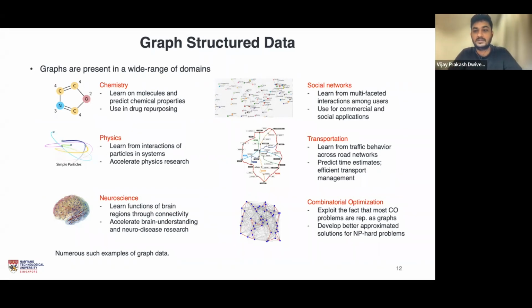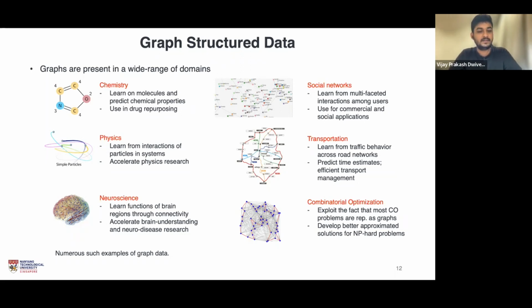Ultimately, it can be used to repurpose or redesign drugs and other applications also in the field of molecular chemistry. In social networks, there are very big graphs of social connectivity of users, and the interactions among the users are multidimensional. So graph neural networks or deep learning for graphs can be developed for ultimate commercial and social applications.